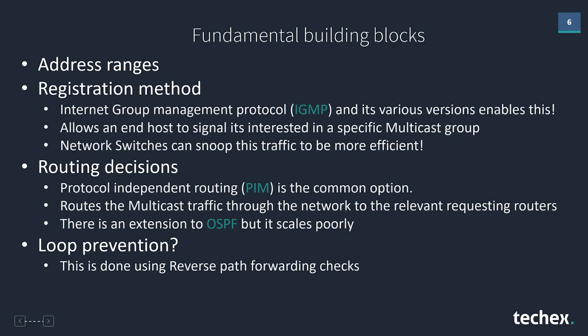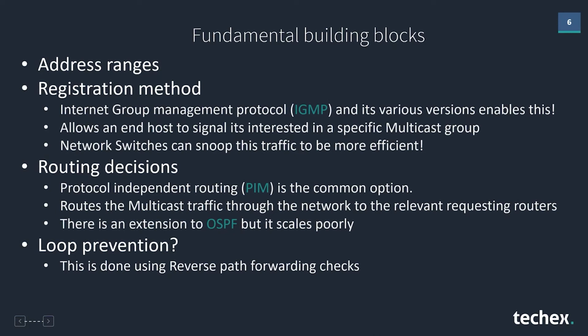Then we also have loop prevention. How do we prevent flooding traffic constantly around our network and ending up with a storm of traffic? Well, that's done with reverse path forwarding. I don't think I'll get into it today, but in theory, what that does is basically check where you've received the traffic from and identify the source of the traffic, the unicast source address of the multicast packet that you've received.